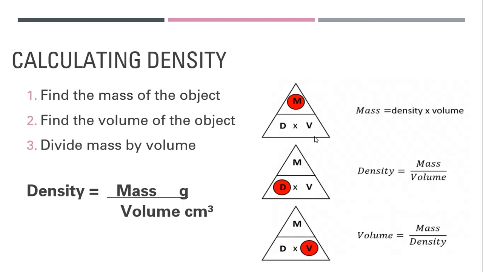And please don't forget that the unit of measuring the density is the mass unit given per the volume unit given, whatever the mass unit and whatever the volume unit given. So for example, the density could be grams per centimeter cube or kilograms per meter cube, or it could be grams per meter cube.